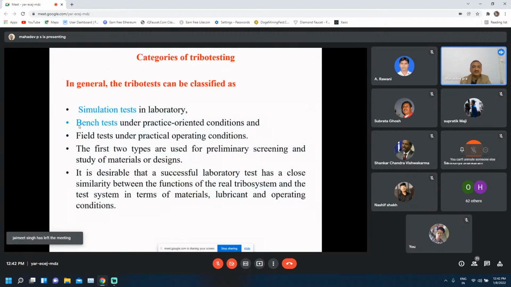So let's see the categories of tribo testing. The tribo test can be classified as simulation tests in laboratories, bench tests under practice-oriented conditions that are experiment based, and field tests under practical operating conditions. The first two, simulation and bench tests, are used for preliminary screening and study of materials or designs in a laboratory. Field test is a different one.